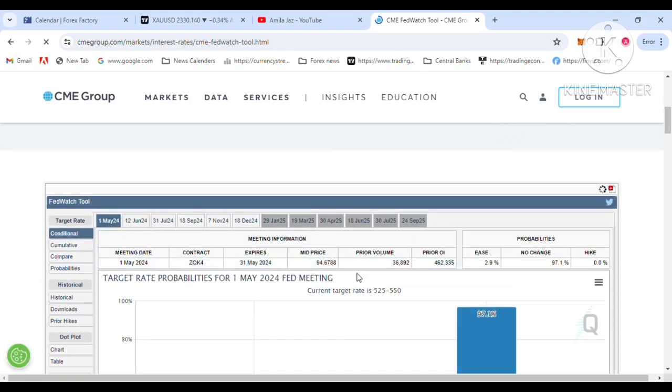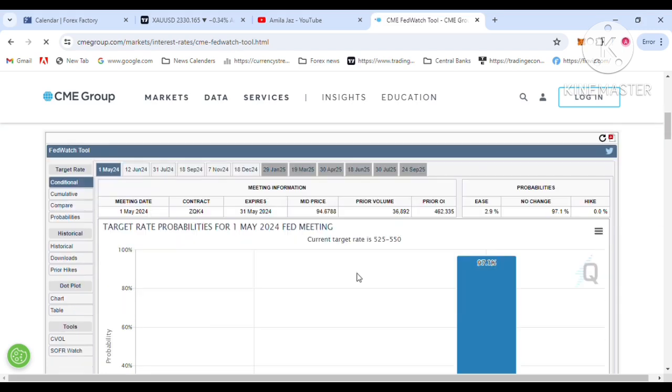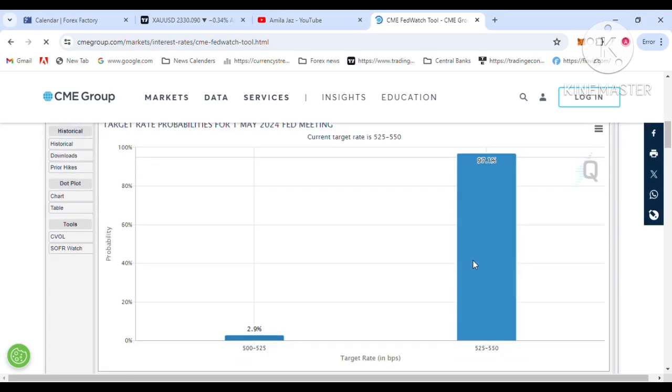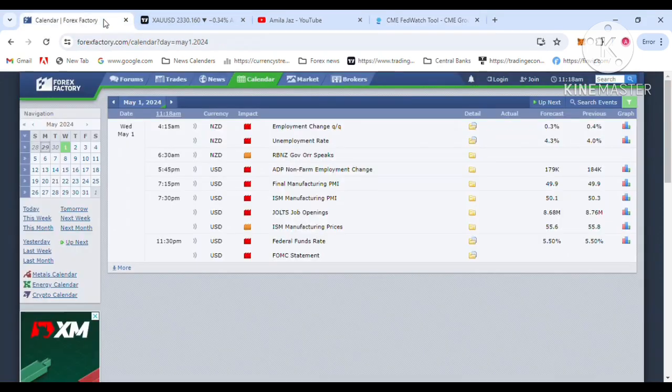You can see 97%, almost 100%, is priced into the market for an interest rate pause at 5.5. This is the FedWatch Tool forecast. So the interest rate pause again at 5.5 is already priced into the market.